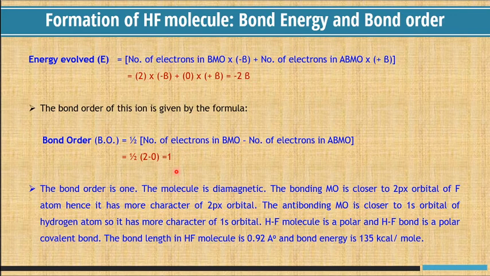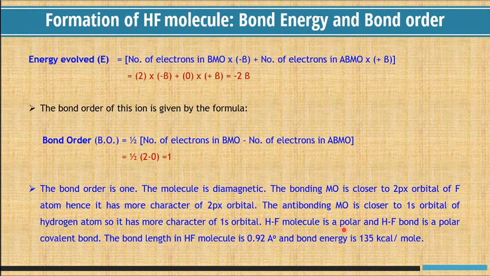The molecule is diamagnetic. The bonding molecular orbital is closer to the 2px orbital of the fluorine atom, hence it has more character of the 2px orbital. The antibonding molecular orbital is closer to the 1s orbital of the hydrogen atom, so it has more character of the 1s orbital.